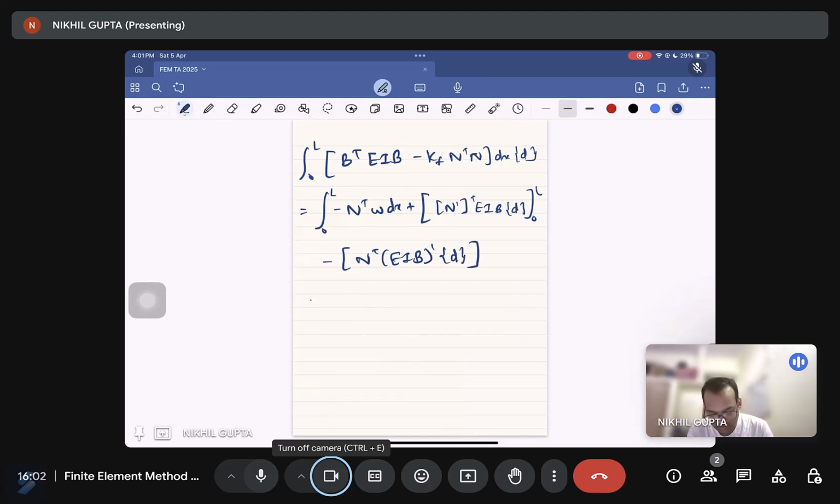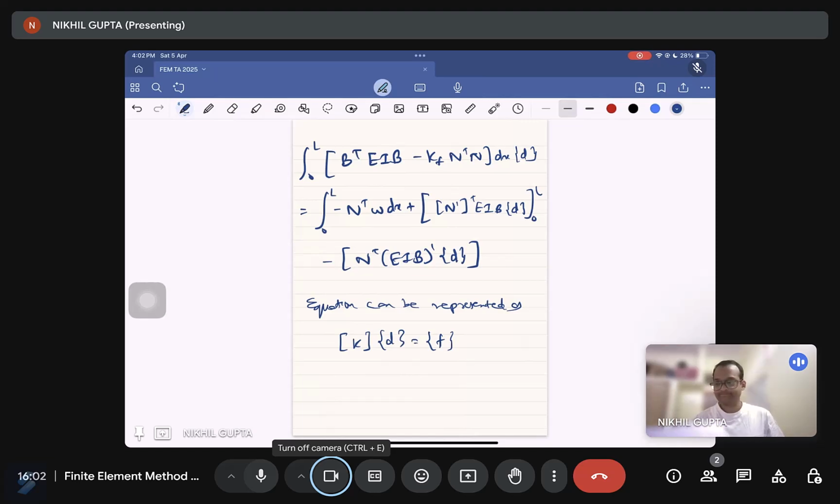Again you can see the equation can be represented as K d equals F. So all problems can be represented by the K d equals F equation, and we have done this in this question as well.